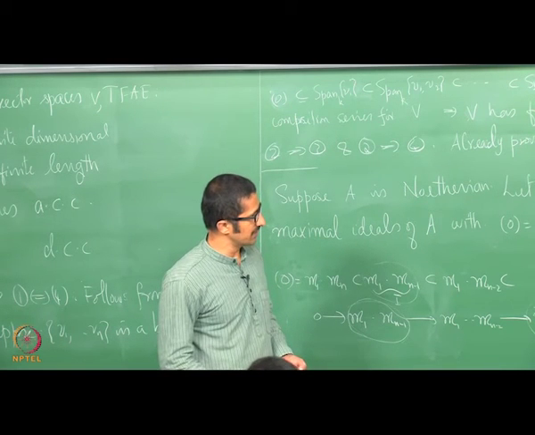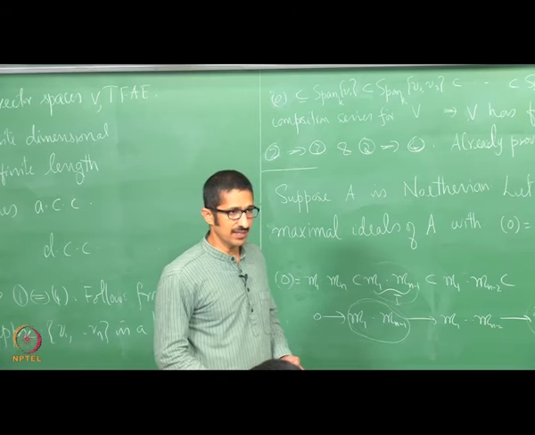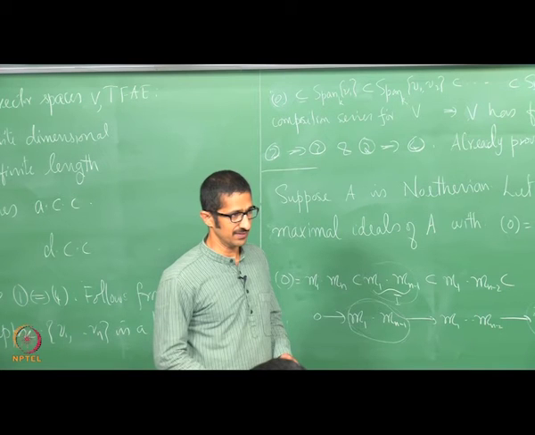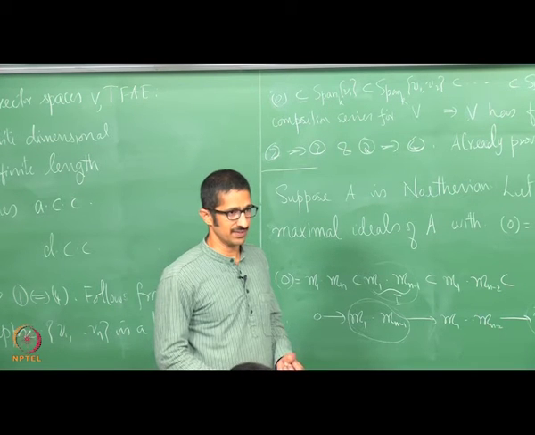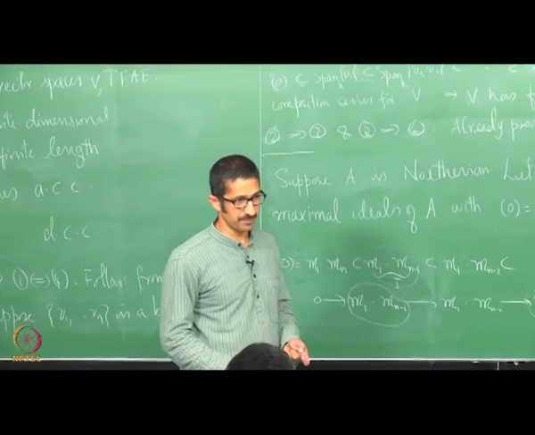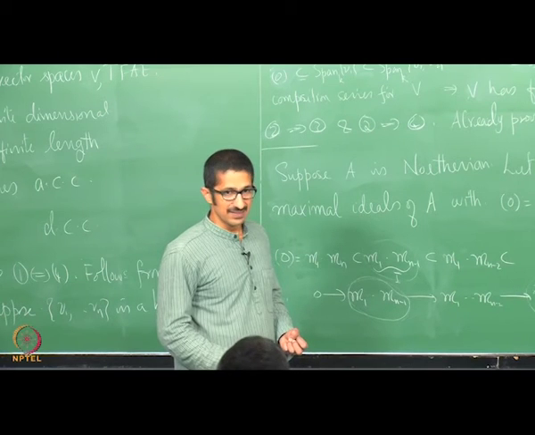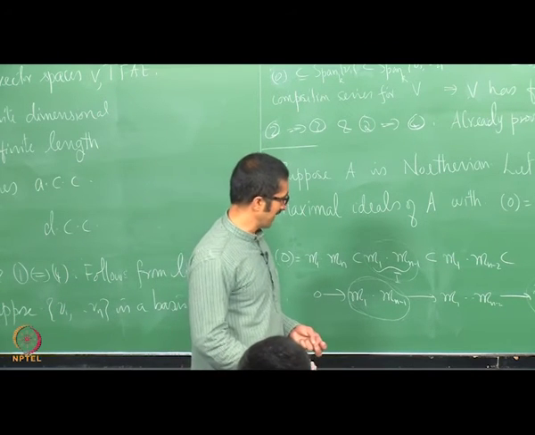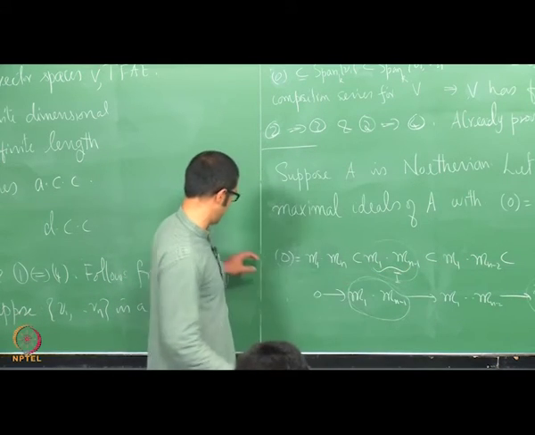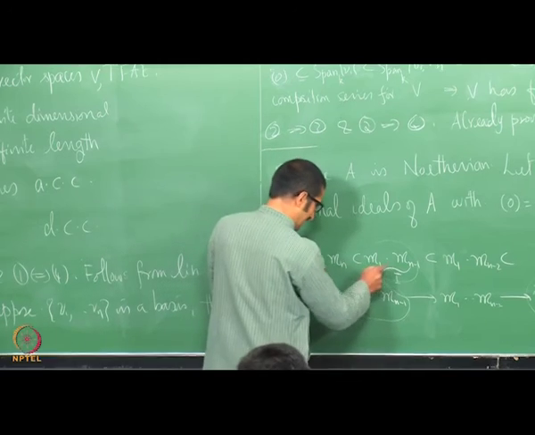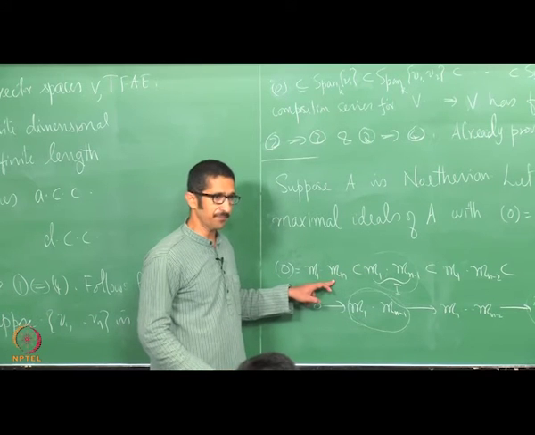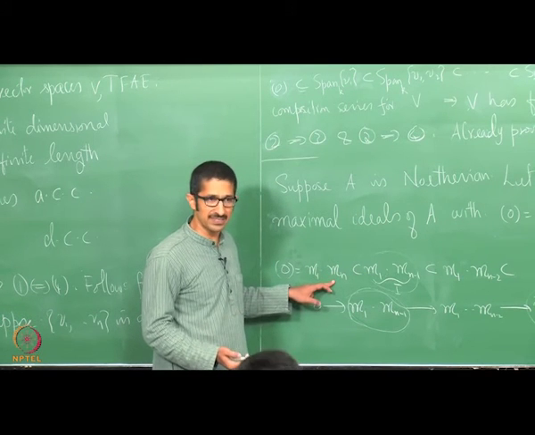What about the converse? Suppose A is Artinian. Again we can look at, see here what we are saying is that each quotient, look at this one, this mod this is an A mod Mn vector space.